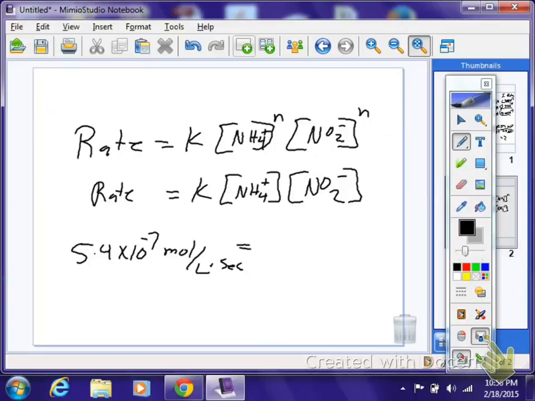That's going to equal your K times the ammonium's concentration at experiment 3, and that's 0.2 molar, times NO2 minus, which is 0.01 molar.